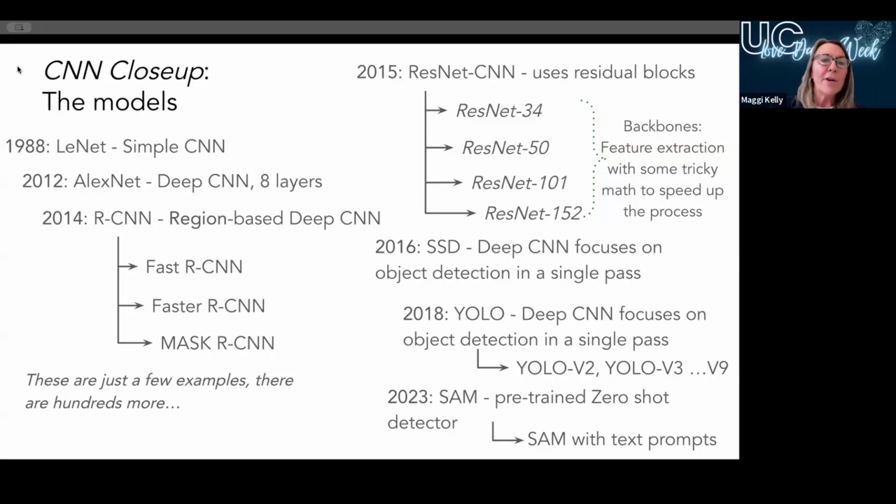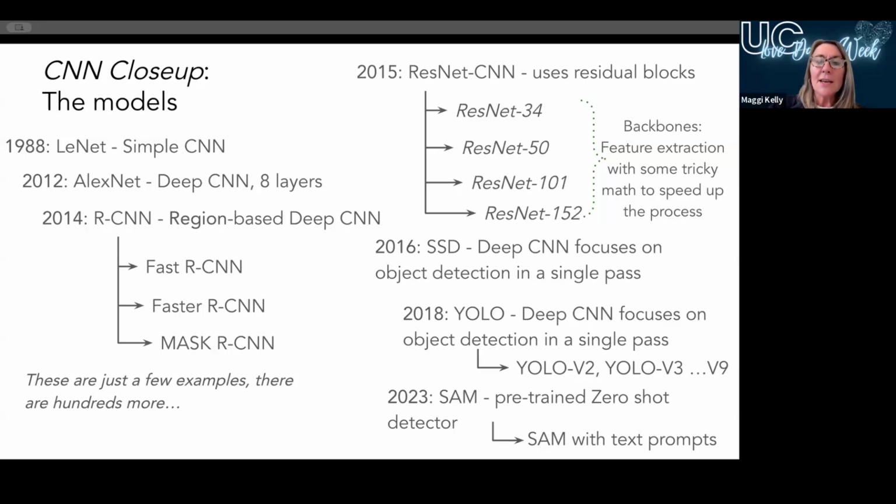So in 2012, we got our first deep CNN, which had 8 layers. In 2014, we got what was called region-based CNN, which meant it chunked up your image and acted on these different regions.